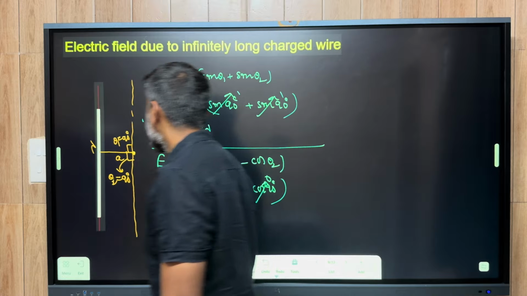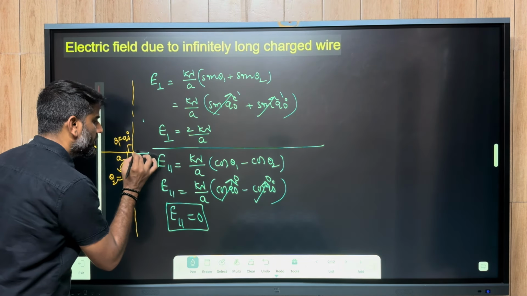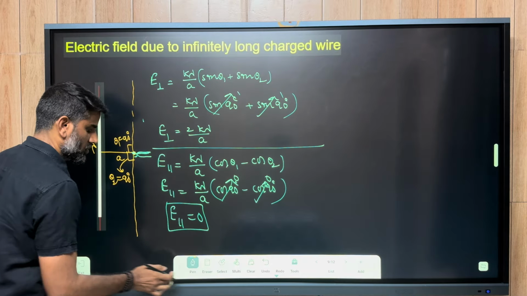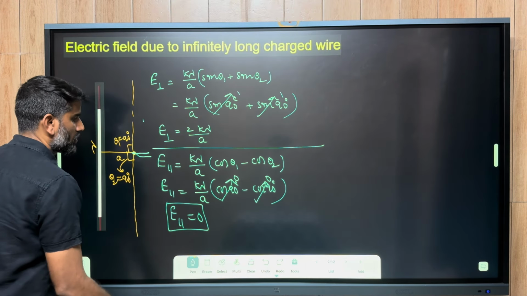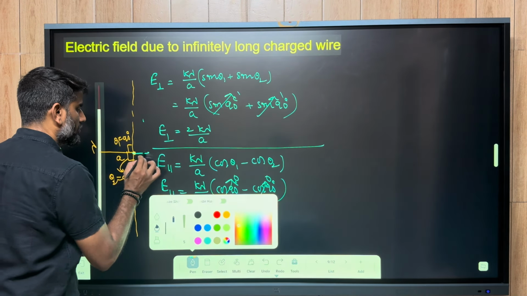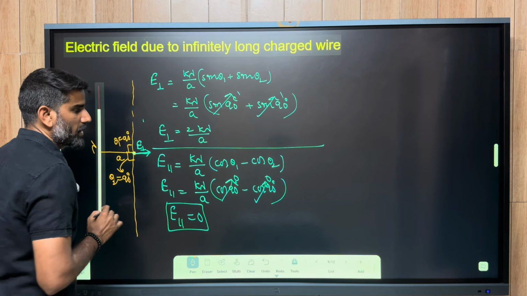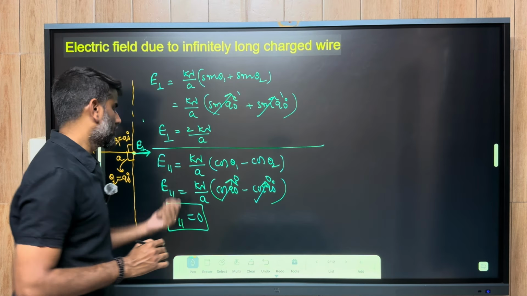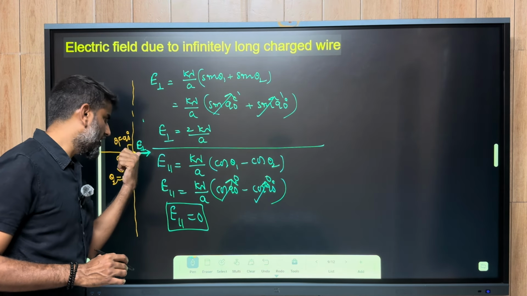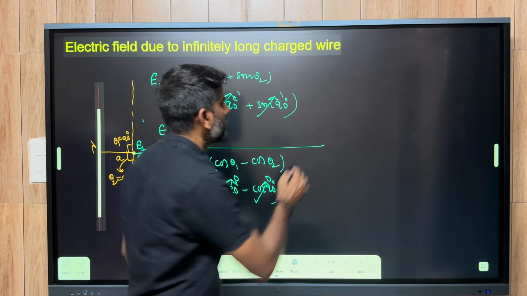So the electric field due to an infinitely long charged wire is along the perpendicular to the length of the rod only. If you want to find the net field, as E parallel is 0, E net is E perpendicular only.